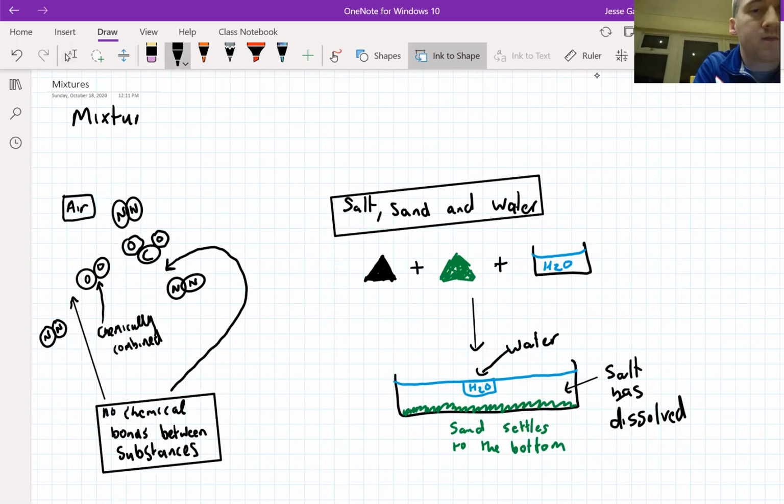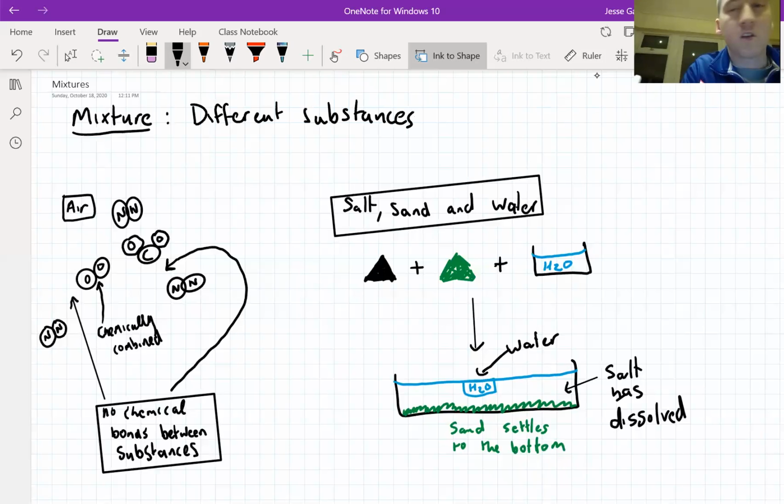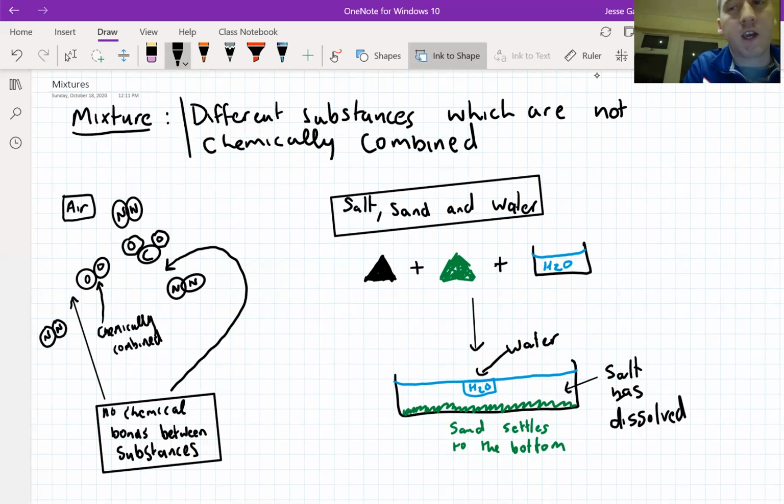A mixture is where we have different substances which are not chemically combined.